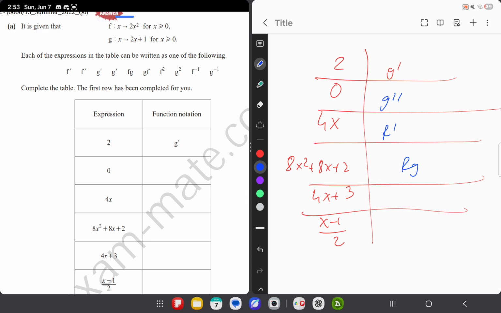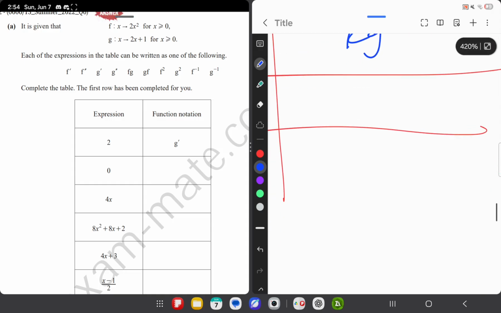We got 4x plus 3. What's needed? Or do we have g squared? gf, g double prime, inverse. Inverses, they won't do much. This could be gf.